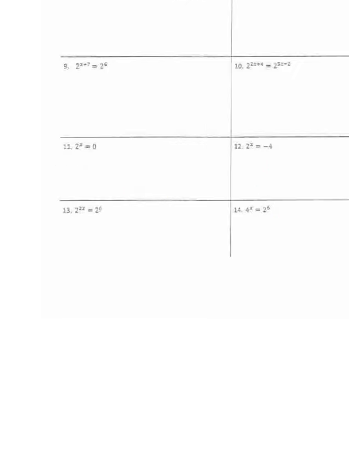For number 13, if you look, the bases are both 2. Since the bases are the same, you can set the exponent of 2x and 6 equal to each other. So you have 2x equals 6, divide by 2, and x will equal 3. Again, it's a good idea to double check your work.